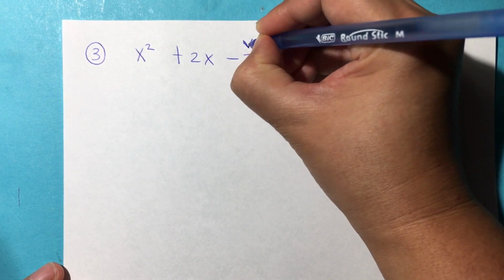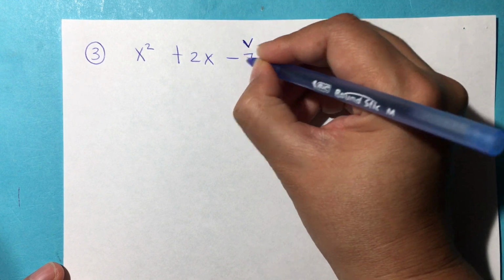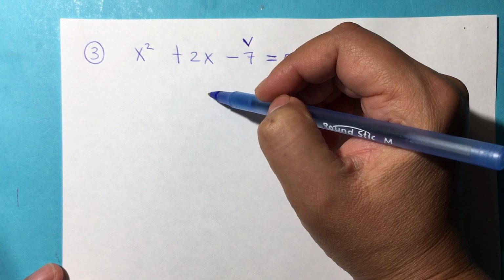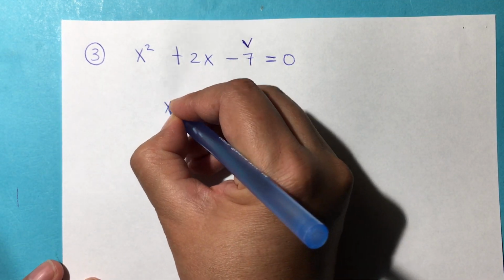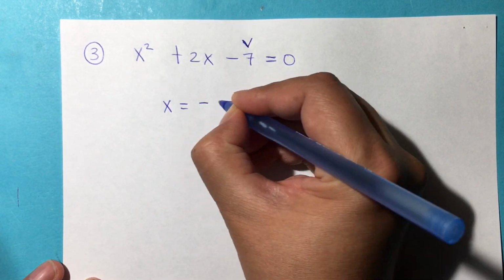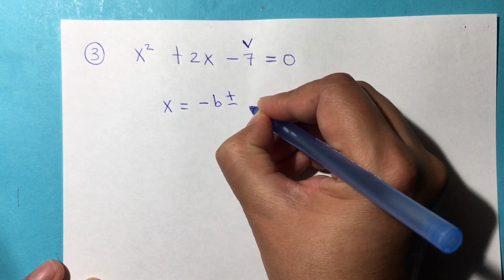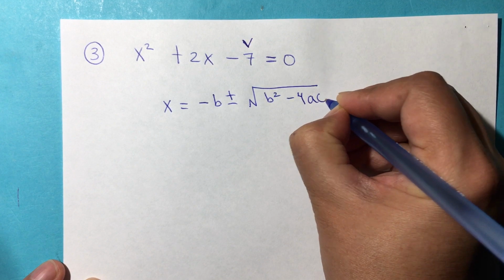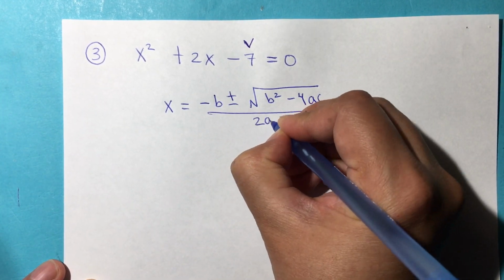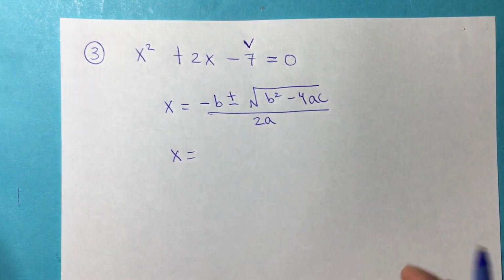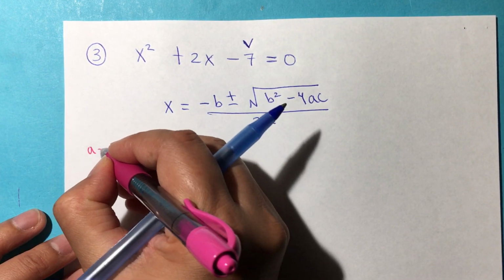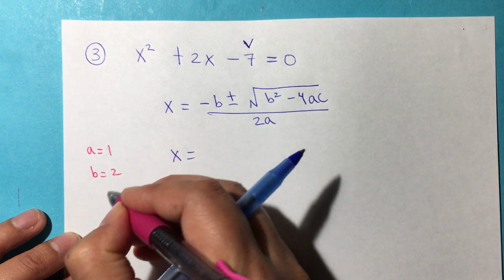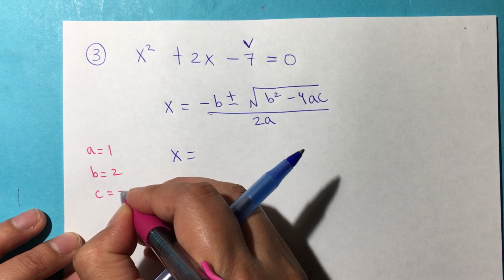For number 3, you cannot find two numbers that multiply equals negative 7, but when you subtract them, actually, would be positive 2. So again, we just go to the x is equal to negative b plus or minus the square root of b squared minus 4ac all over 2a. And so a is 1, b is 2, and c is negative 7.